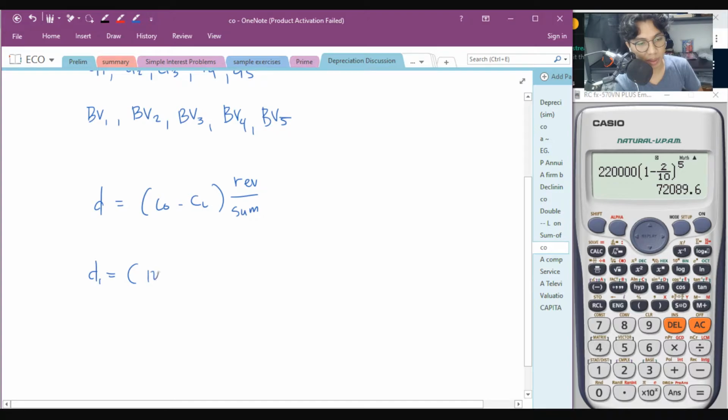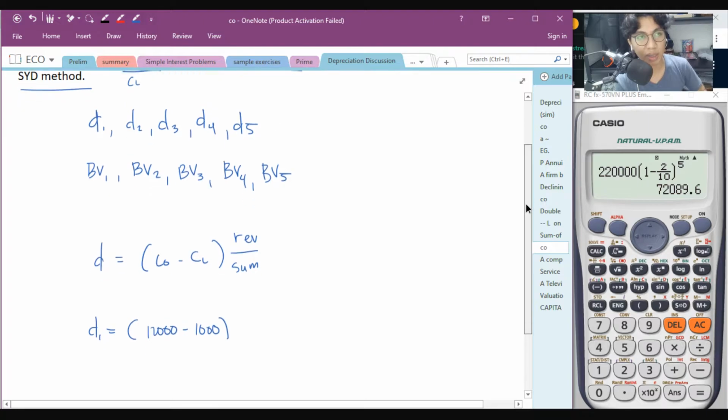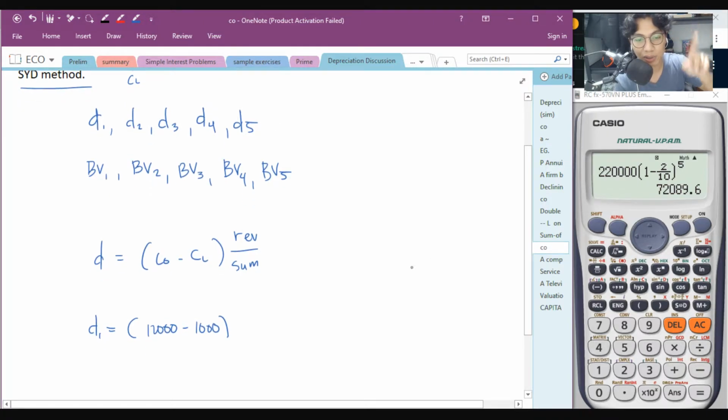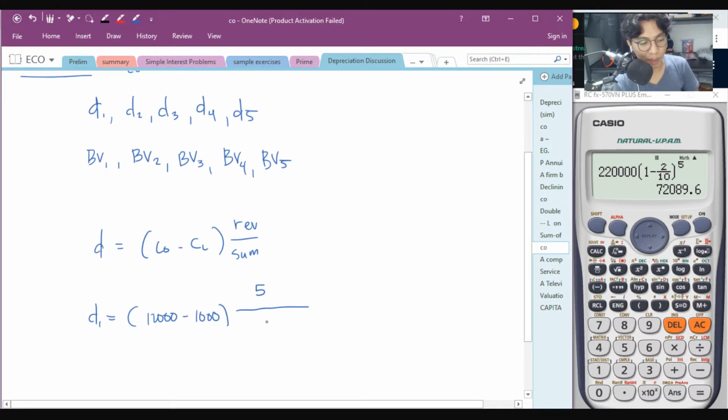That is 12,000 minus the salvage value na 1,000 multiplied to yung reverse digit. Ilang years pa lang yan? 1 year. Yung 5 ang kukunin mo since that is the number of useful life. And then, yung sum of the years, ilang years yan? 5 plus 4 plus 3 plus 2 plus 1.